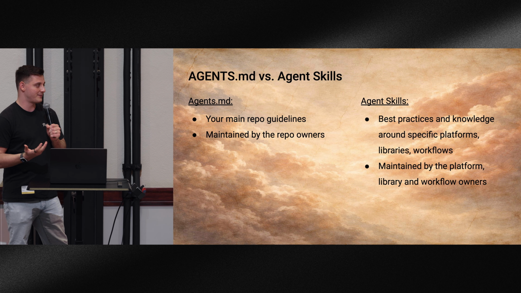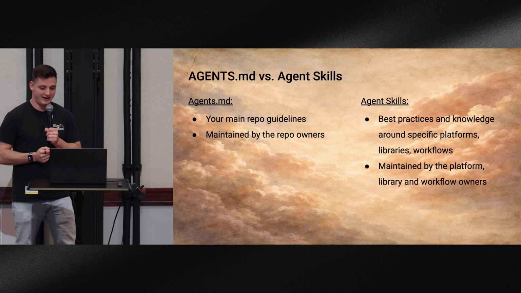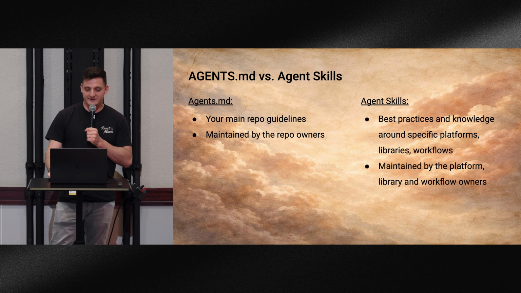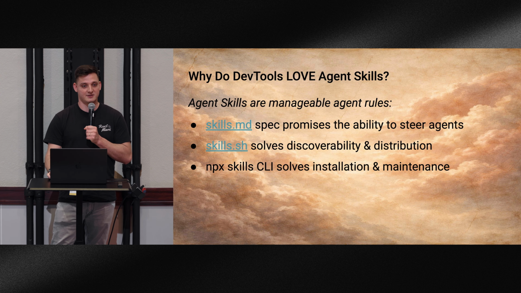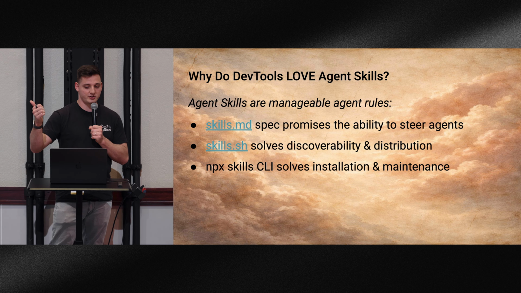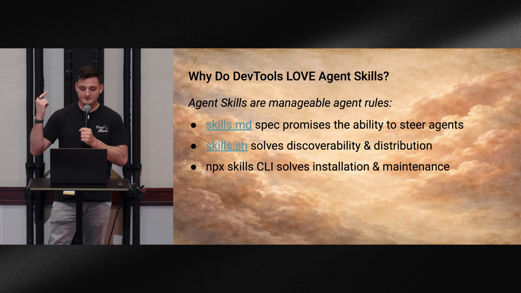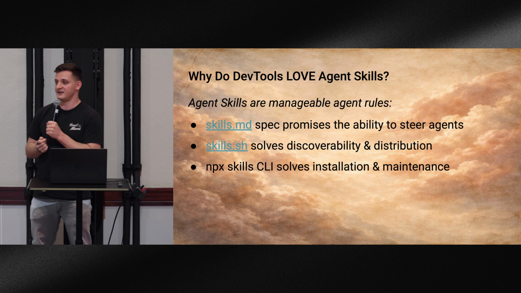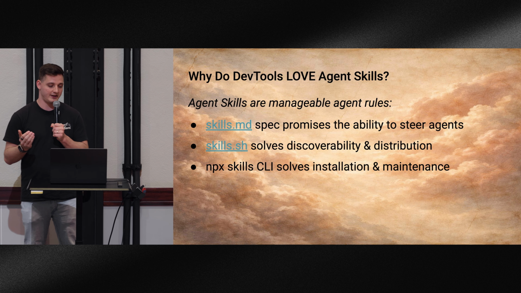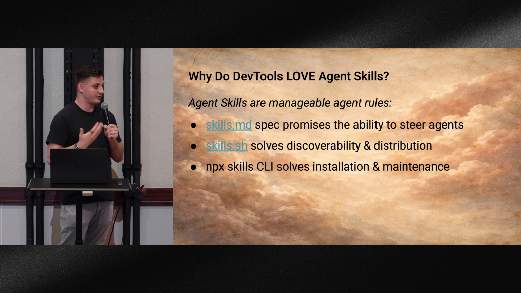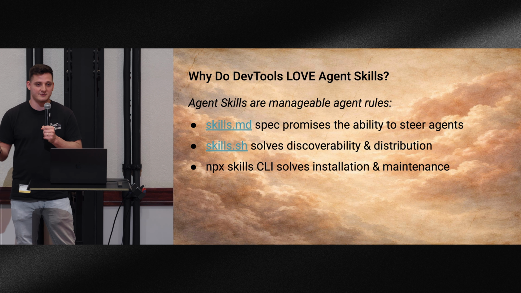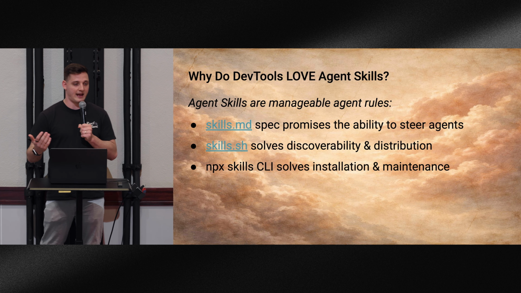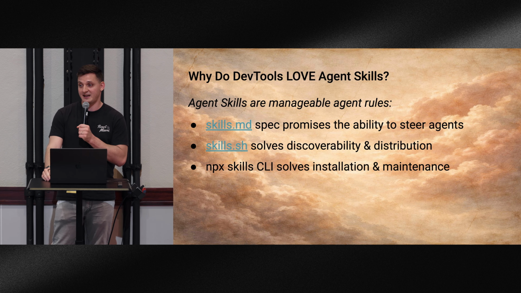So I think to some extent that hot take makes sense, but the reason DevTools love agent skills so much is because they solve distribution and discoverability with the open skills ecosystem by Vercel with skills.sh, and the spec still allows them to steer agents, which at the end of the day is what matters. And with the npx skills CLI, you can install and maintain them, right?